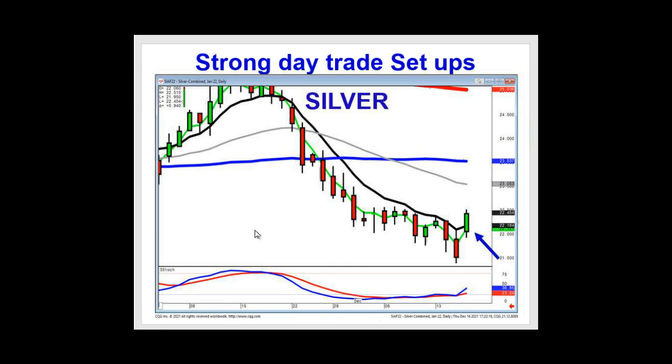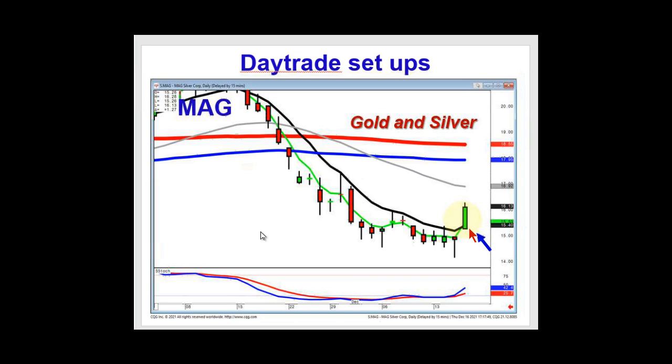So that told us if we were seeing chart setups like this, where MAG opened positive after a hammer signal supporting here, gapping up, and it looked like it was gapping up right at the T-line, we knew that we had a much stronger probability that if we were getting into this trade, whether for a swing trade or a day trade, the probabilities are pretty strong that it was heading positive, just because that would be the reaction to the fact that the gold and silver prices were moving up dramatically.